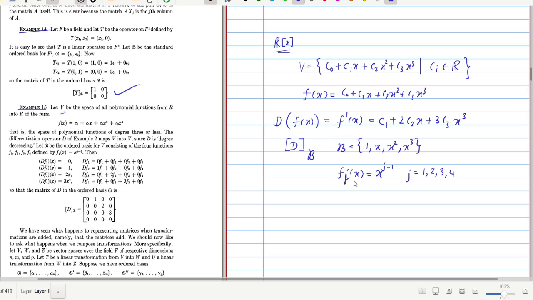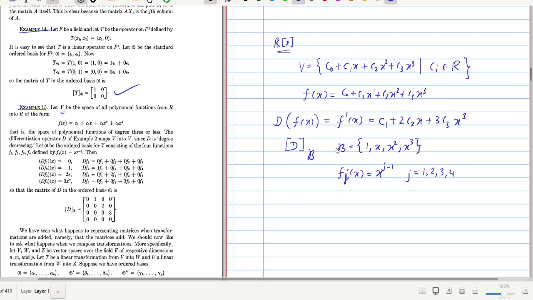What is f1? f1 is x raised to 1 minus 1, that is x raised to 0, which is 1. f2 is x raised to 2 minus 1, that is x. Next is x raised to 3 minus 1, that is x square, and the last one is x raised to 4 minus 1, that is x cube.